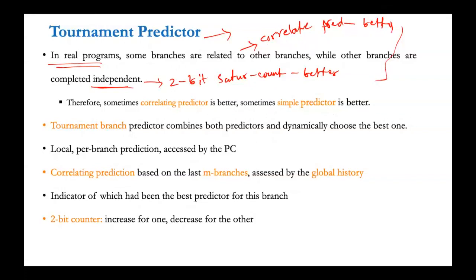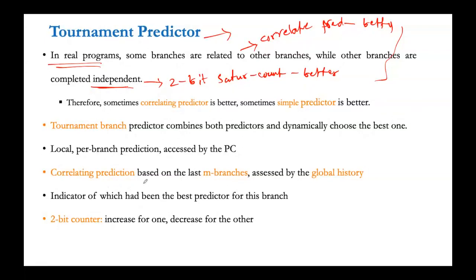When it dynamically chooses the best one, that gives good performance for the computer architecture. It gives the local branch prediction, which is accessed by the program counter and is the independent one.